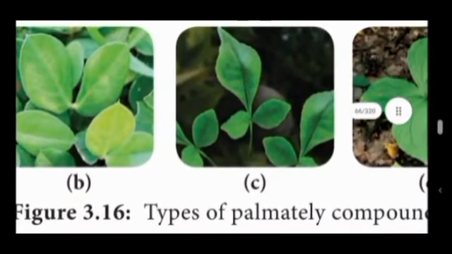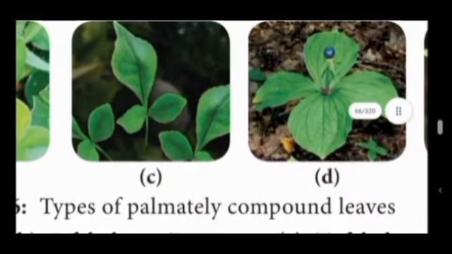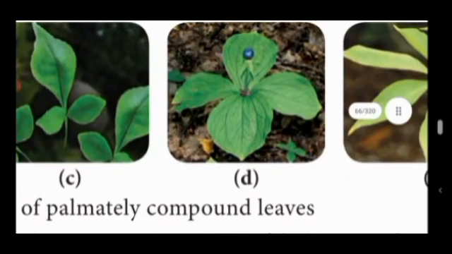The next is the trifoliate compound leaf. There are three leaflets attached to the petiole. Examples: wood apple, Aegle marmelos, clover, Trifolium, lab lab, green gram and oxalis. The next is the quadrifoliate compound leaf.